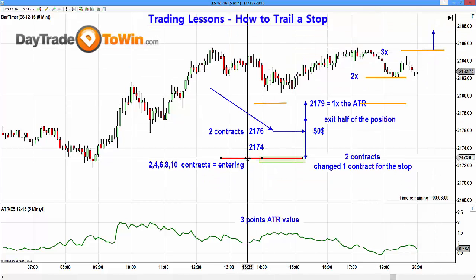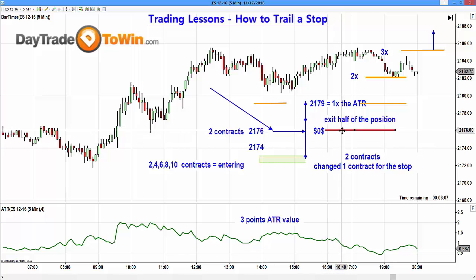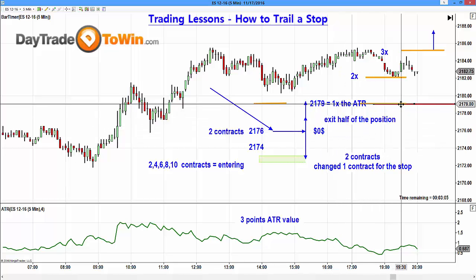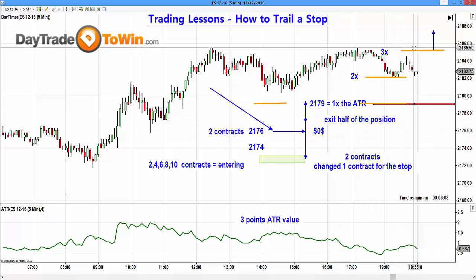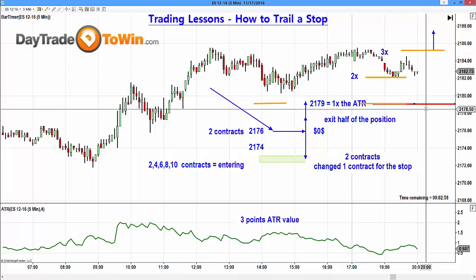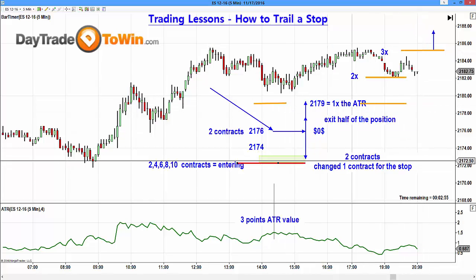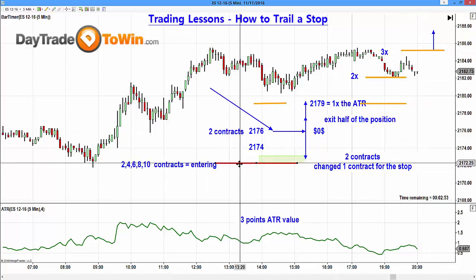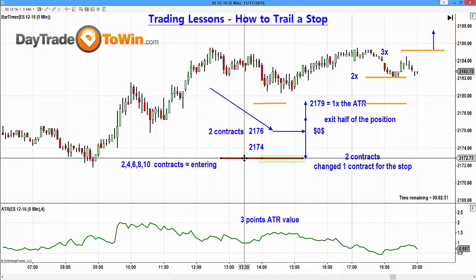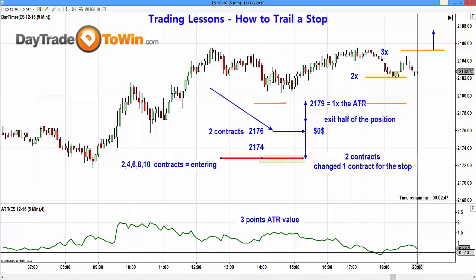So every time the market moves 2 times the ATR, you move your stop up. At 3 times the ATR, move your stop up, and I would take profit. So that's how I recommend trailing a stop. It's hard to do with just one contract because really the idea is to create a break-even trade as soon as possible. Not necessarily a break-even trade, but a trade that is not going to cost you a loss.